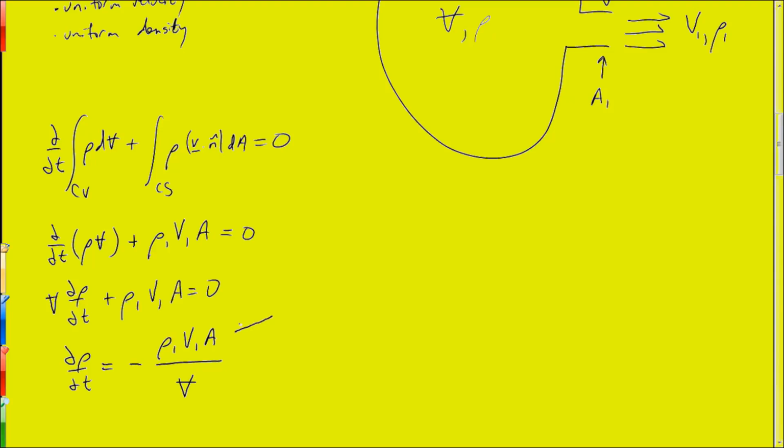If you remember correctly, this is just the mass flow rate, and so the change in density is just equal to the mass flow rate out of the system divided by the volume, and it's negative because the density will be going down as mass is leaving the system.